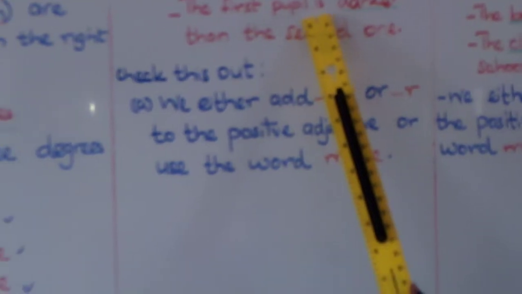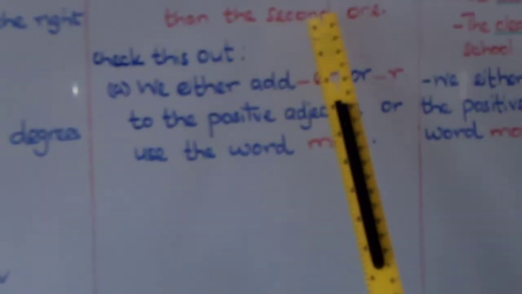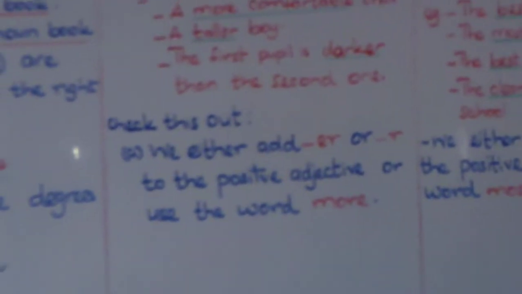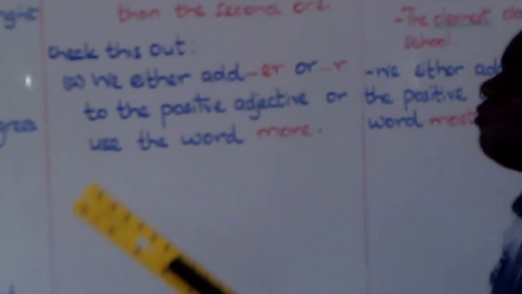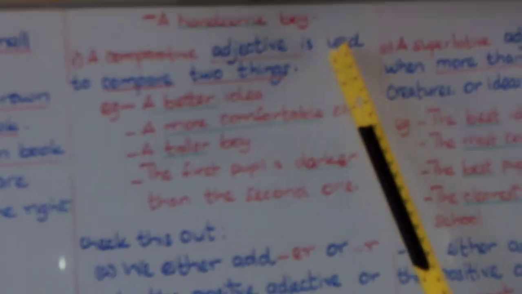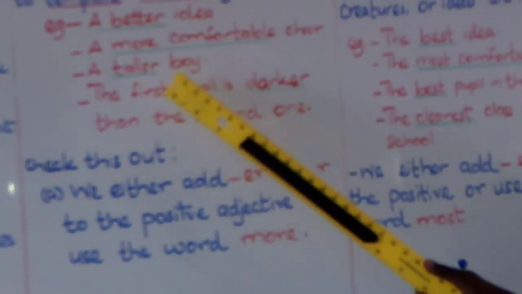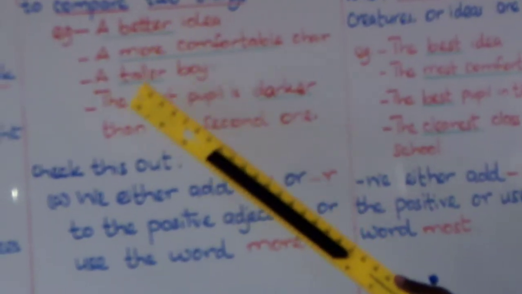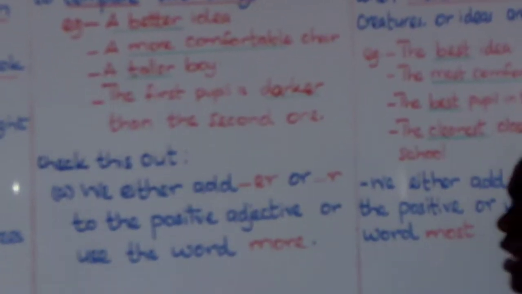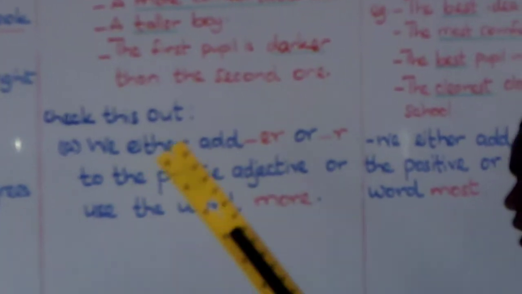The first pupil is darker than the second pupil. One is darker and another one is lighter. So we are comparing between 2 boys here. So these comparative adjectives are used to compare 2 things. You can also use comparative degrees to construct sentences. Now check this out.